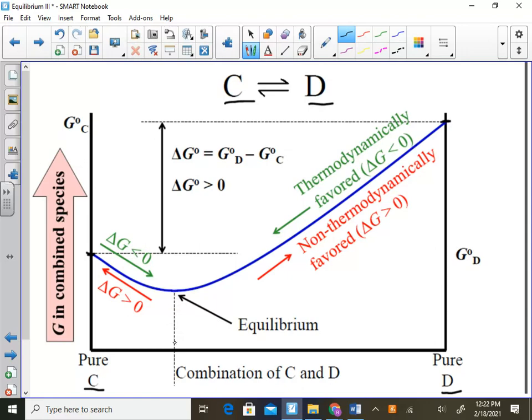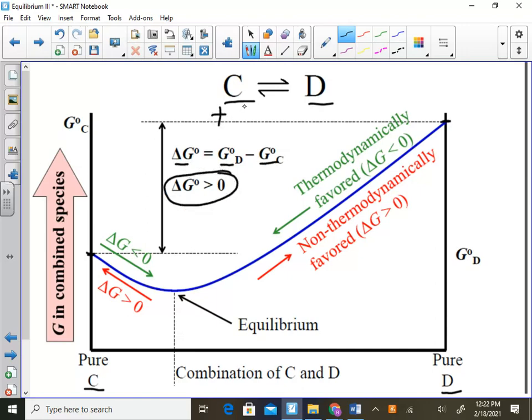At equilibrium, because the energy of C is less than that of D, it's going to reach equilibrium on the side closer to the reactants. So we have a combination right here of reactants and products, but there's more C than D. How do we know? When we take the delta G's and subtract our products minus our reactants, we get a positive number.